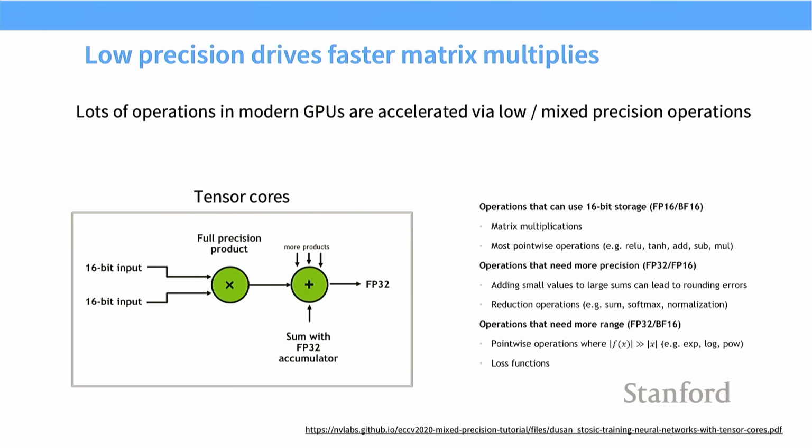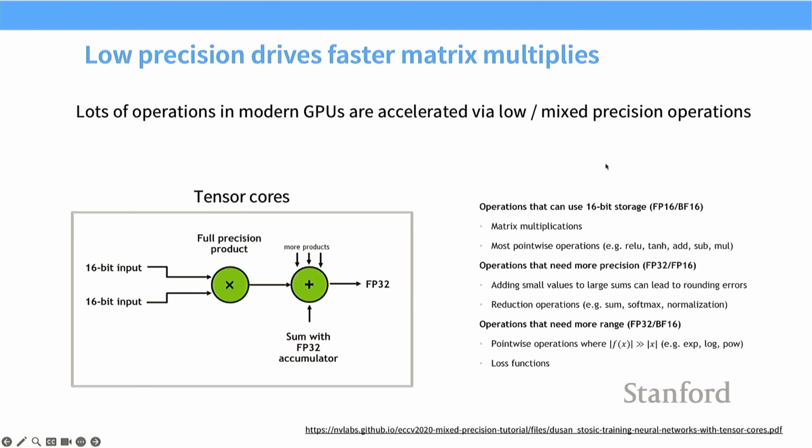And so you're accumulating this with the FP32 accumulator. And then your tensor core will return an FP32 result, which you can downcast if you would like back into 16-bit, right? And so we have our inputs in 16-bit, but things like the accumulation we might want to do in 32, right?